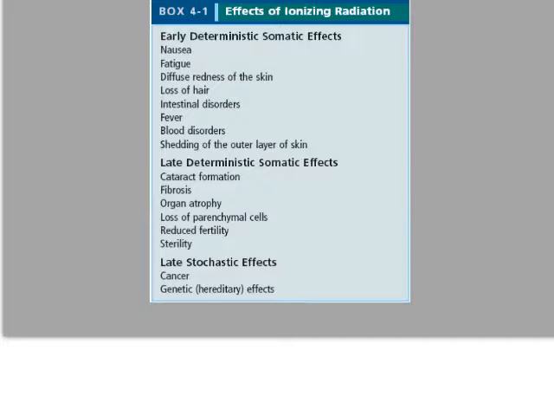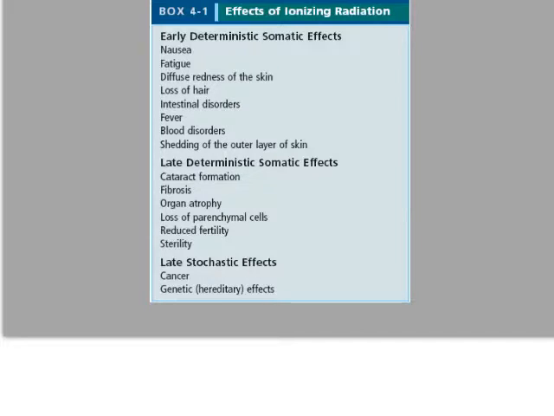The stochastic effects, I've said, are the coin toss type things, and that's cancer and the hereditary stuff. So when we say hereditary or genetic, we are talking about things that impact germ cells, the ways that germ cells can cause reproduction and things like that. That is slightly different from damage to the reproductive system. Does that make sense?